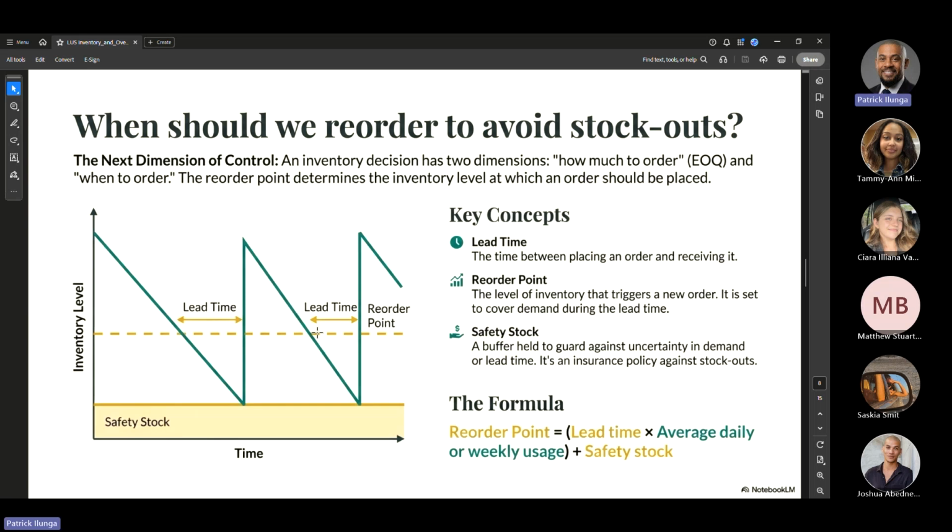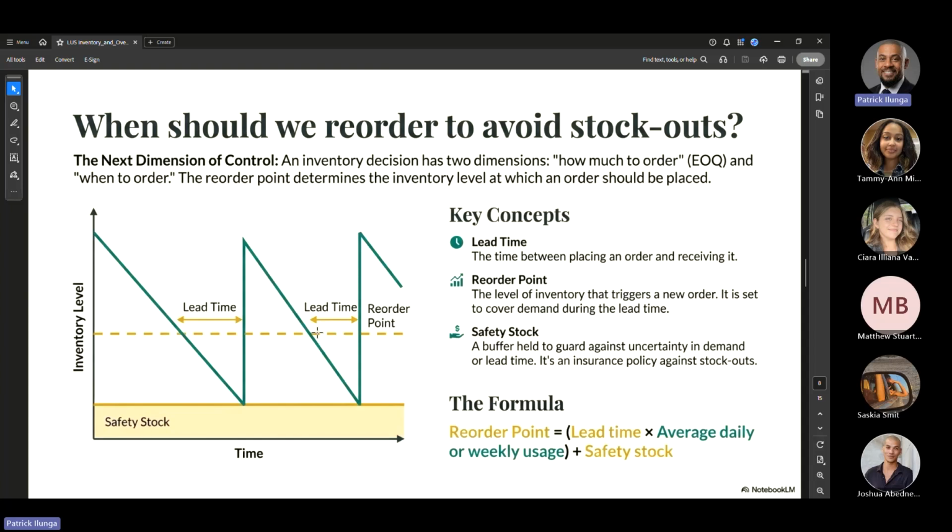You need the lead time. You can't just order anyhow. So what is the lead time? The lead time is the time between placing an order and receiving it. Now, imagine when you place an order, it comes after 4 weeks. But when do you trigger that order?